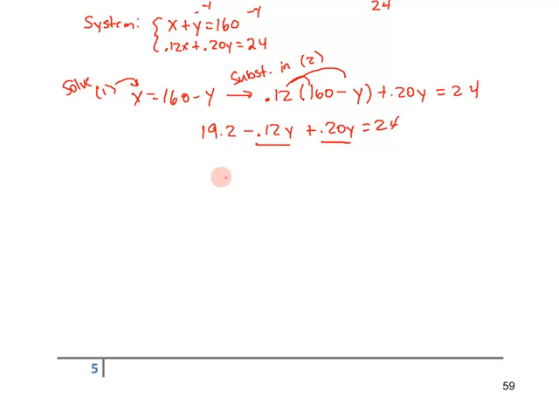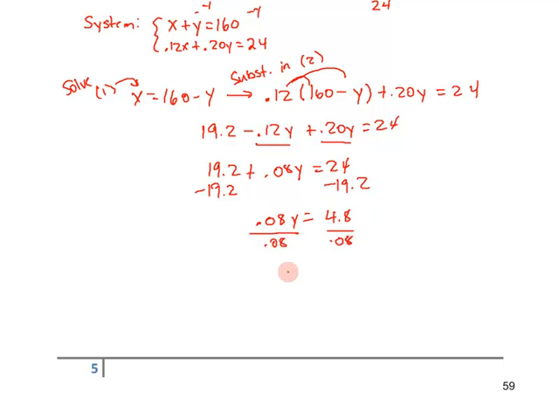Collecting like terms, I end up with 19.2 plus 0.08y equals 24. I subtract the 19.2 from both sides. So 0.08y is equal to 4.8. Divide both sides by 0.08. y is then equal to 60.